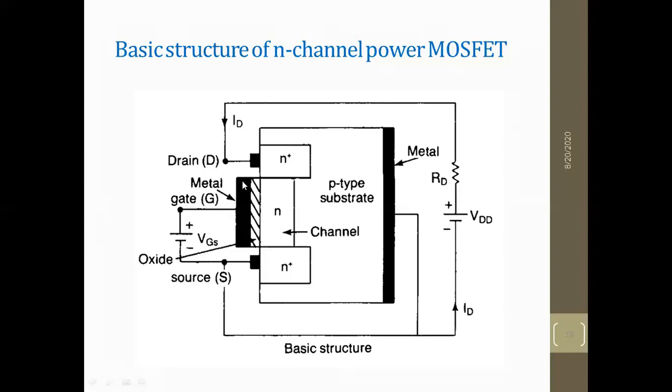Here the gate is isolated from the channel by a thin oxide layer. This is the oxide layer. The three terminals, drain, gate and source, are shown.